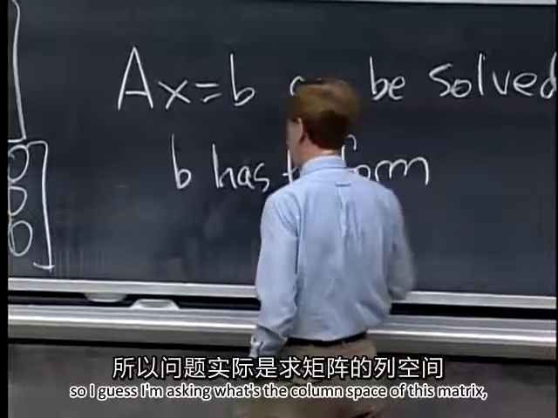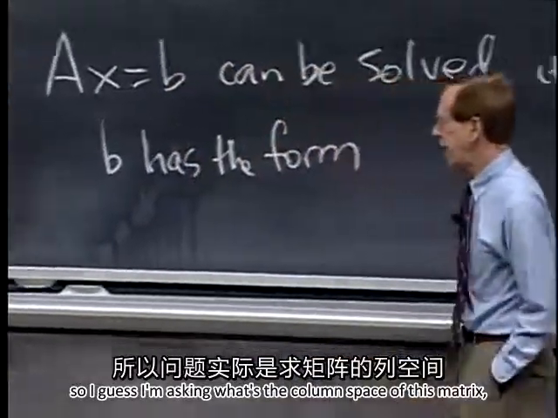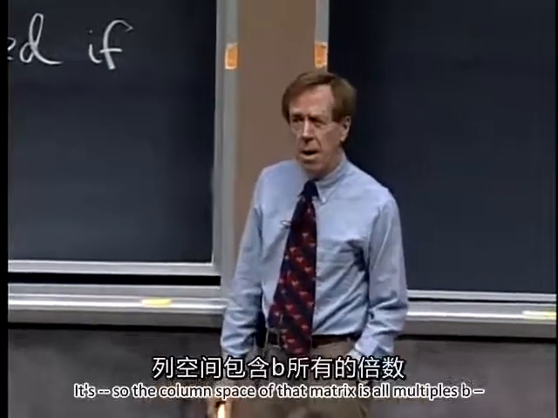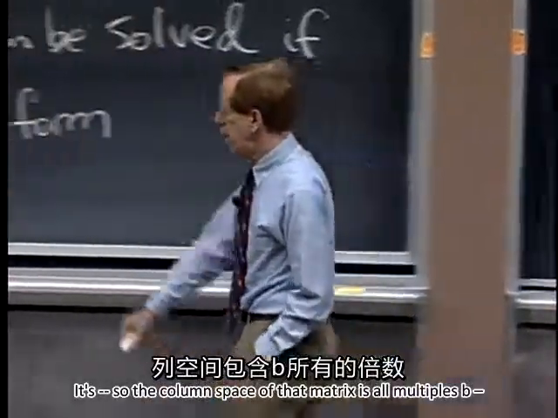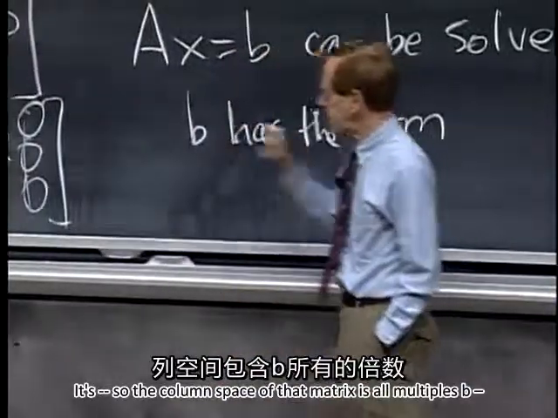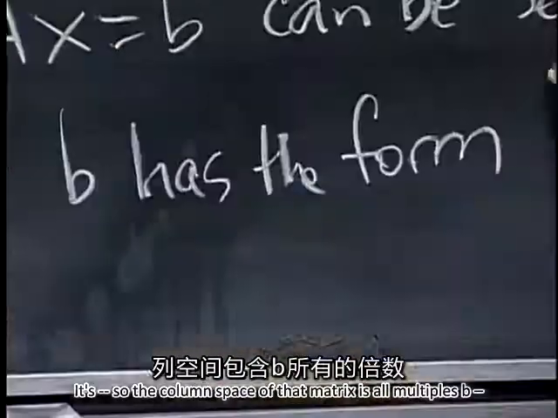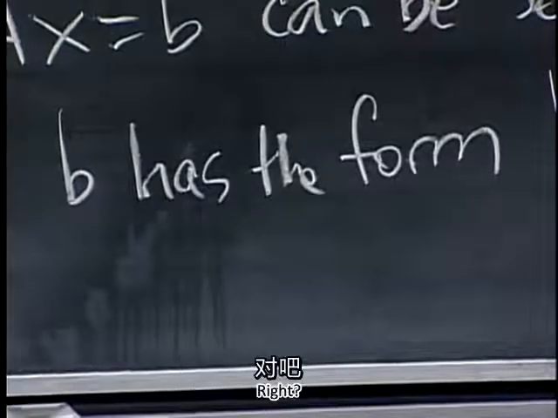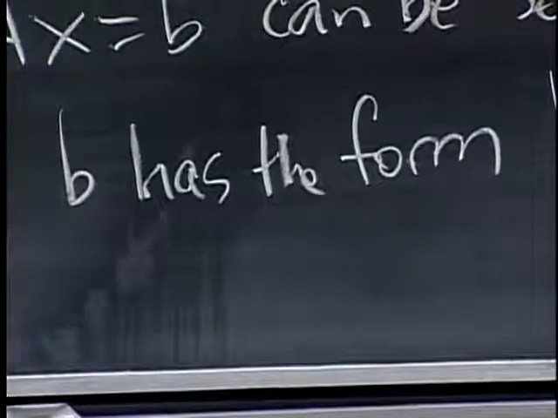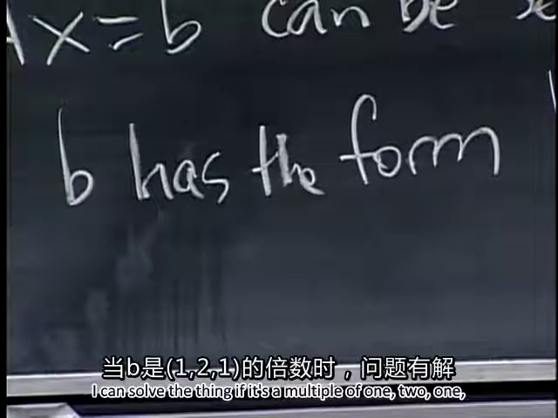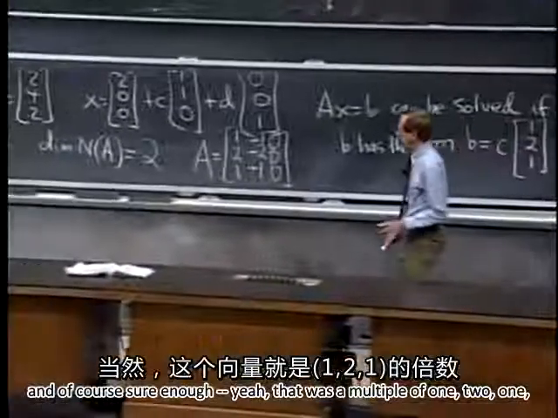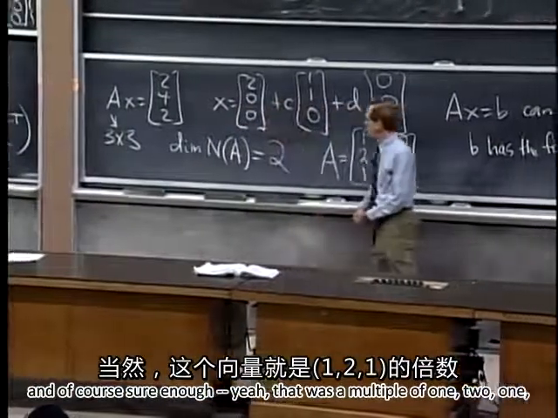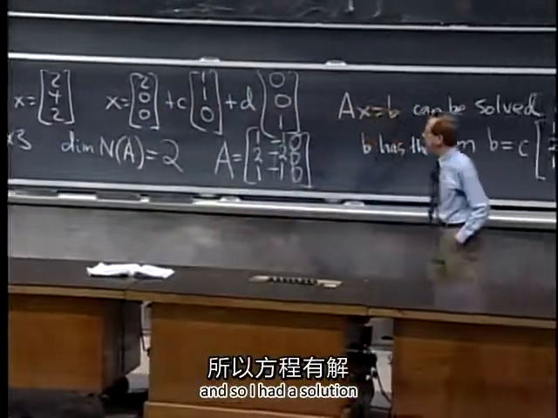The column space of that matrix is all multiples. B is a multiple of 1, 2, 1, right? I can solve the thing if it's a multiple of 1, 2, 1, and of course, sure enough, that was a multiple of 1, 2, 1, and so I had a solution.